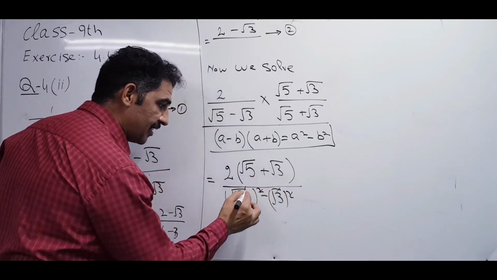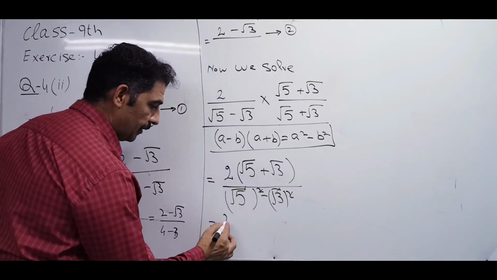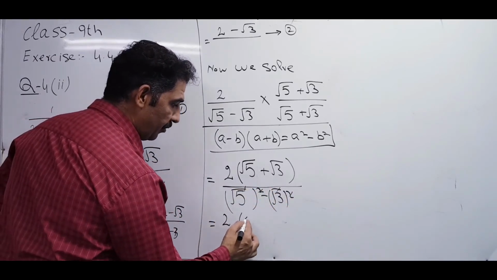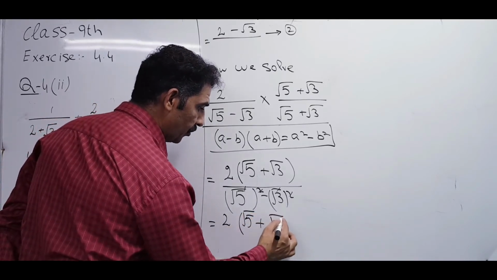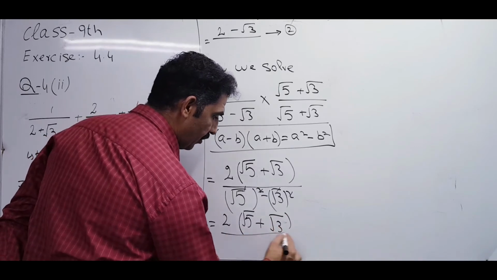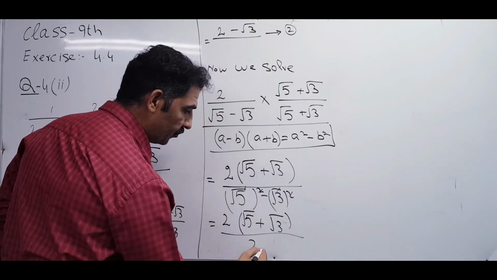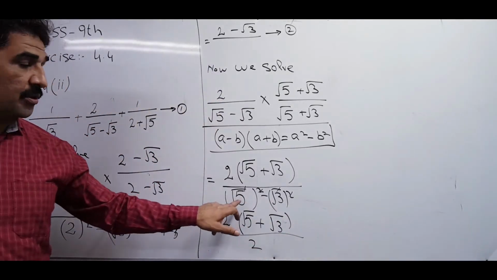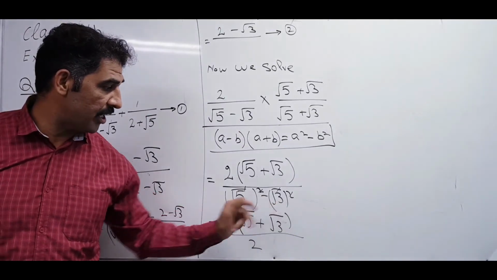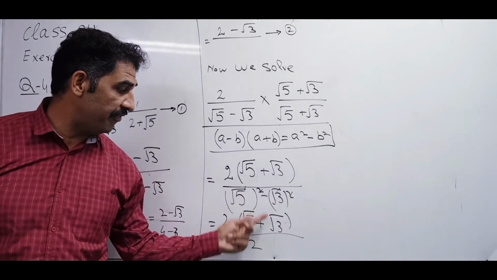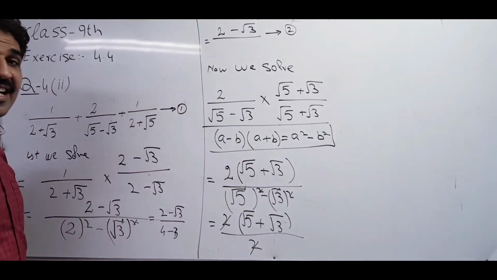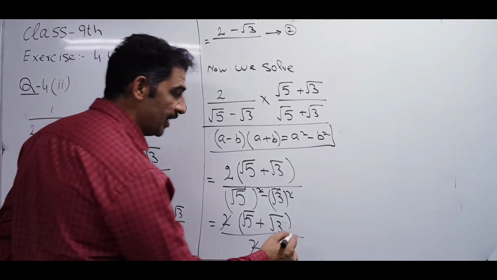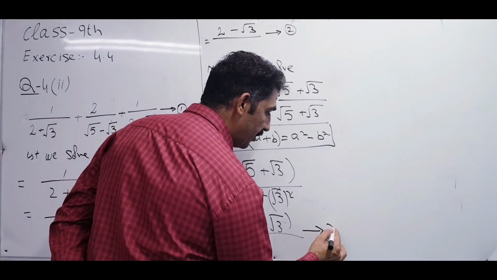Cancel and cancel. 2 is still outside, that root 5 plus root 3 over 5 minus 3, 2, because square cancels by square root, here only 5 and here 3, 5 minus 3, 2. And this 2 and 2 are possible to cancel because of the sign of multiplication, and we will make this equation number 3.